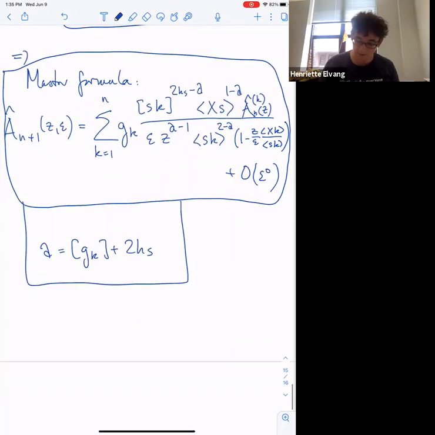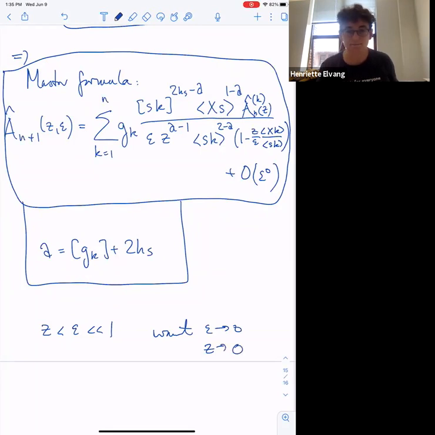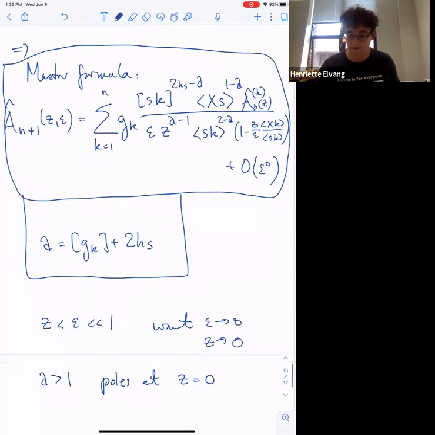Precisely. So we were working in a regime where z was less than epsilon, much less than 1. And now to get things like soft theorems, I want to take epsilon to 0. But in order to do this, of course, I also need to take z to 0 in order to preserve this. And now we see something very awkward, namely that whenever a is greater than 1, we're going to have poles in z, poles at z equals 0. And as you said, z was just an auxiliary variable.